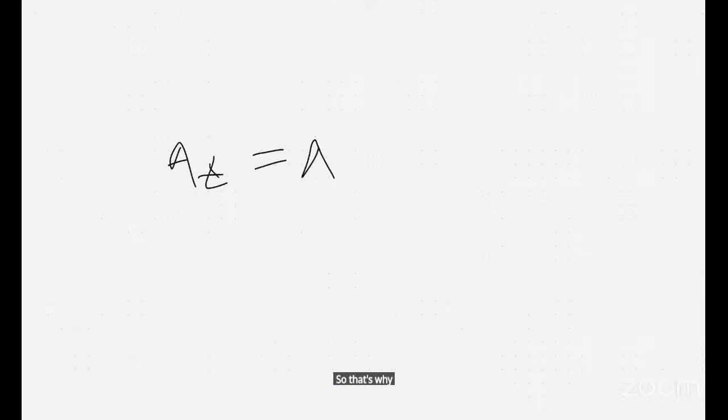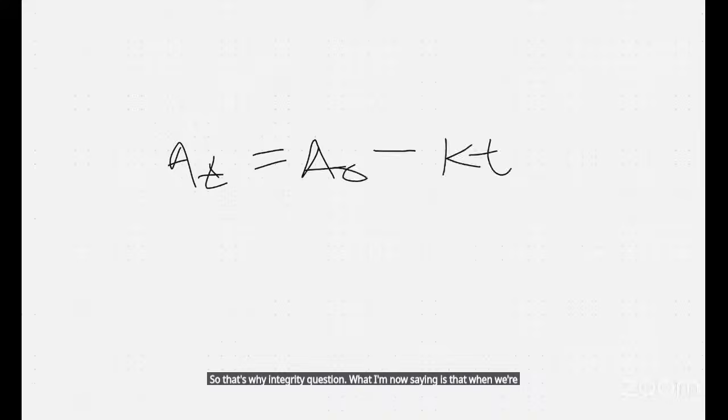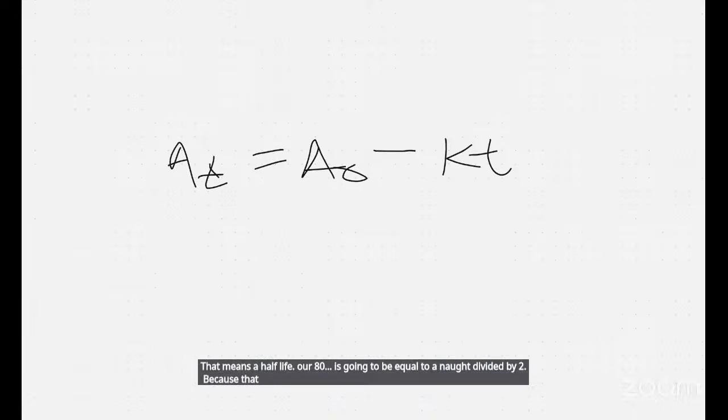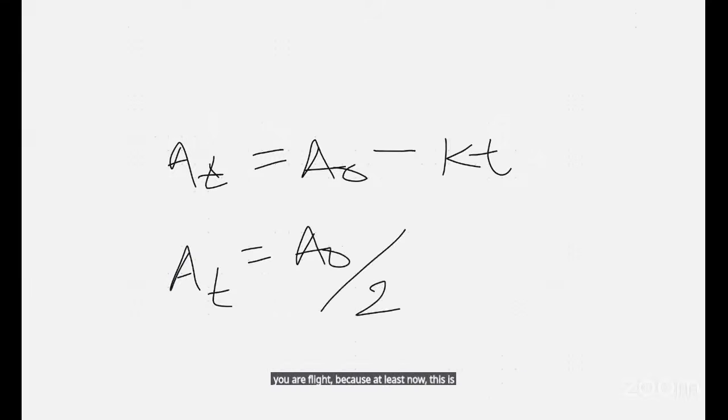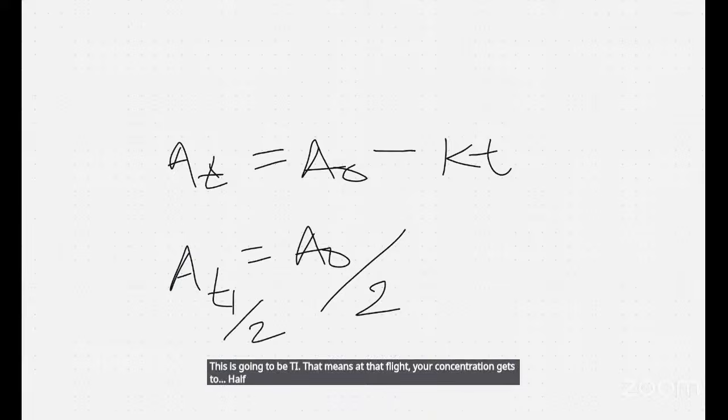What I'm now saying is that when we're saying half-life, that means at half-life, our At is going to be equal to A naught divided by 2, and this time is going to be t-half. Like I said, if you're starting with 4 molar, at half-life your concentration gets to half of the original value, which is what you have here.